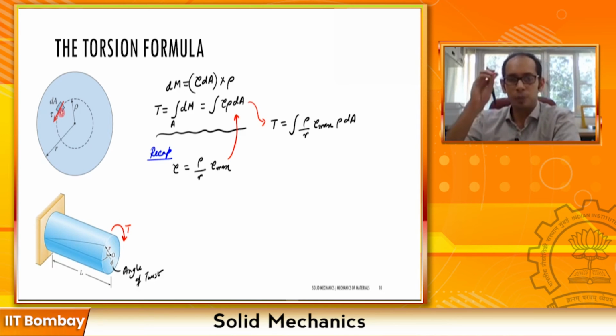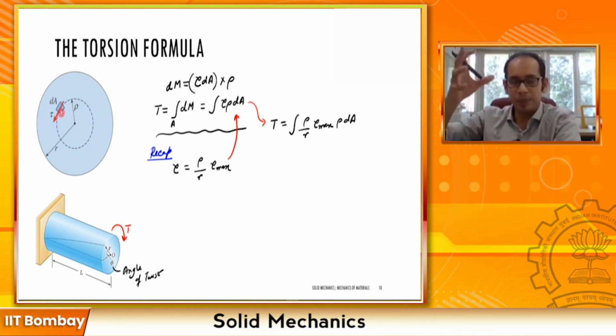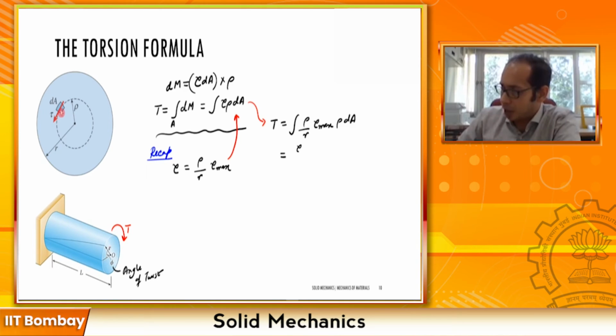Now I can pull tau max by r outside, since I'm applying a constant torque T and tau max is the maximum at the periphery. So what I get over here is tau max by r times the integral of rho square dA.